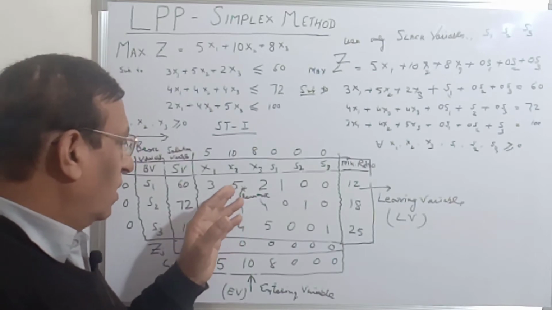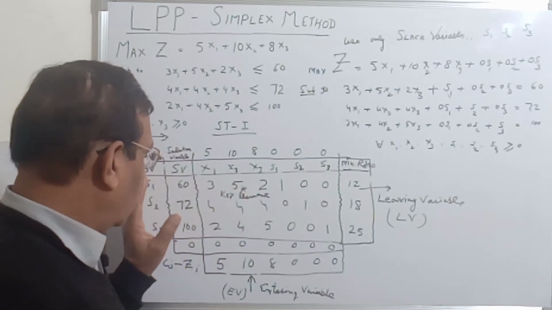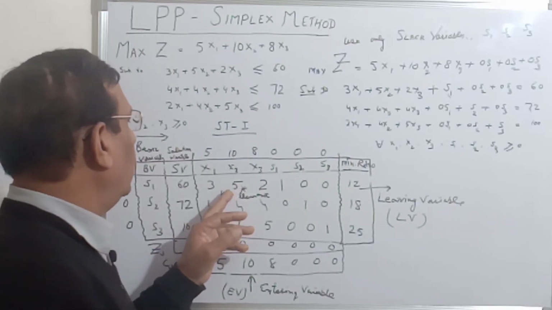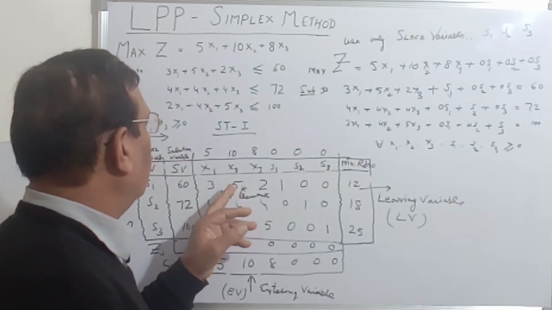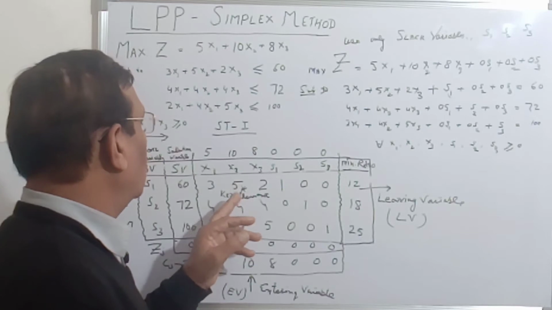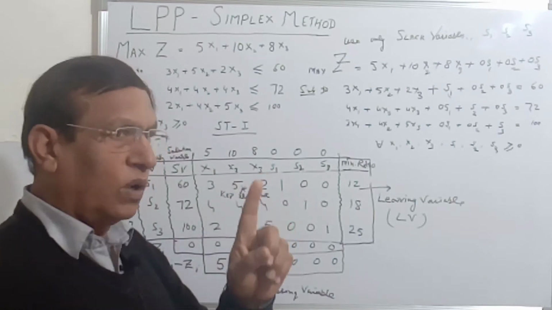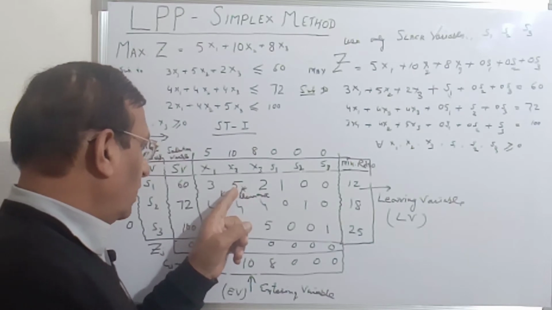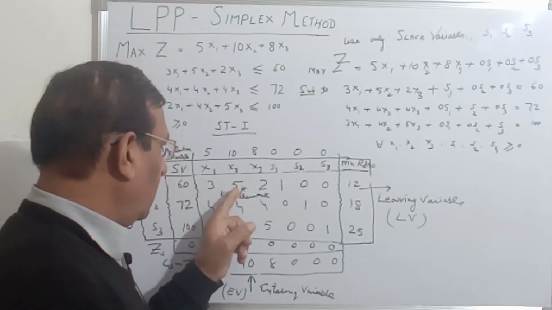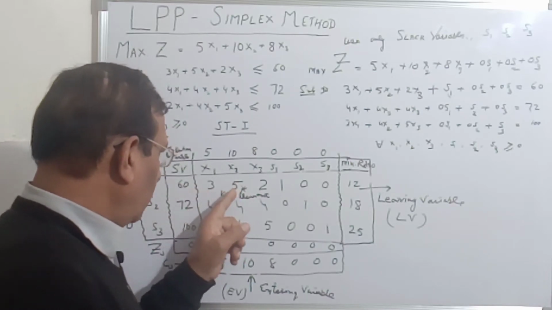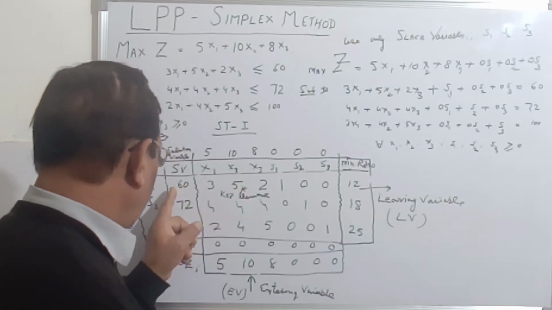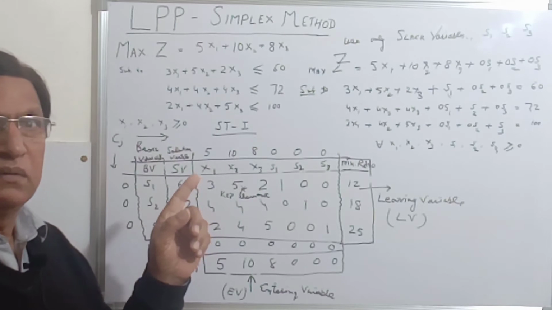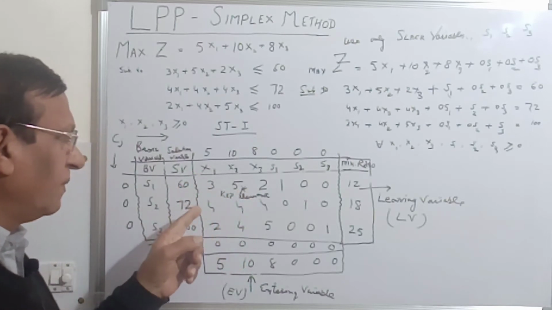Now we have to take this table into the second table. Then we have to divide the key element by itself because we want the key element as 1. So we divide this 5 by 5. Not only 5 by 5, we have to divide the whole row by 5.